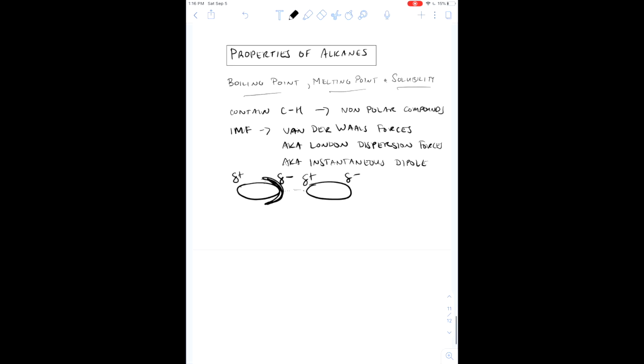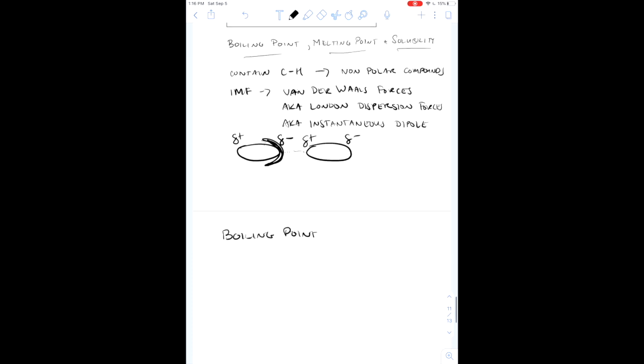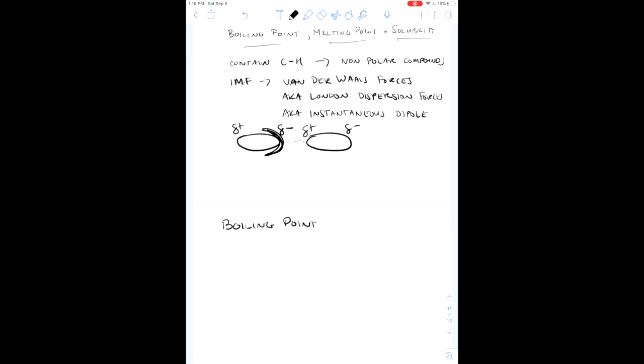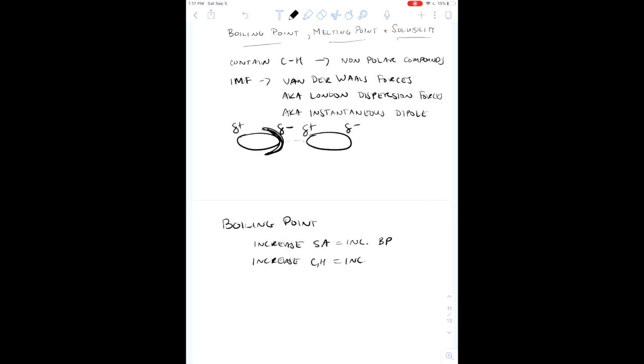And so remember, when we're talking about boiling point, specifically, there are a few key factors that we want to make sure that we remember, and that's basically if we can increase the surface area, that means we will increase the boiling point, okay, and or increase the number of carbons and hydrogens.